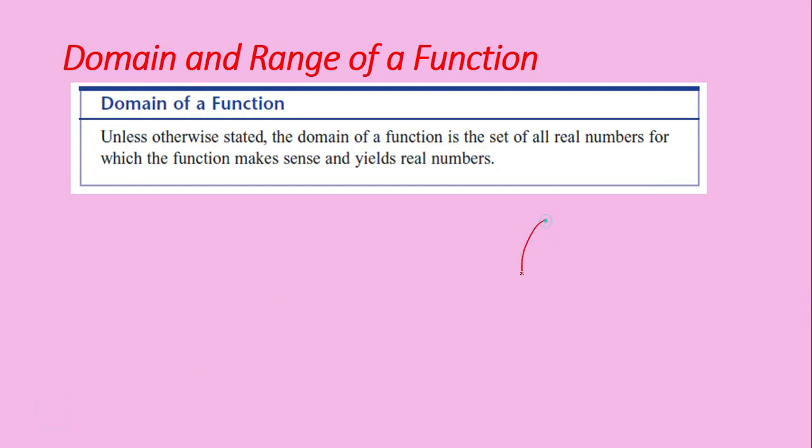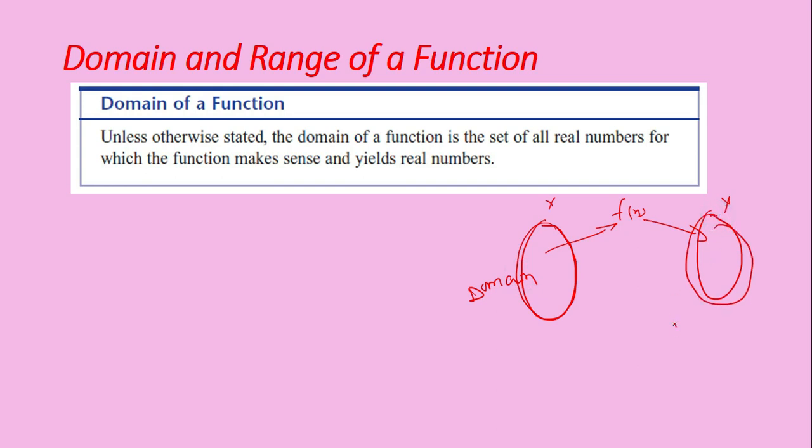See, if you have a set x and another set y for a function f, x gives inputs to the function, isn't it? And y will be the outputs. Collection of all inputs is our domain, and collection of all outputs will be the range, and make sure that they are real numbers.